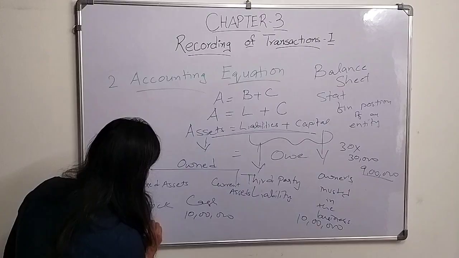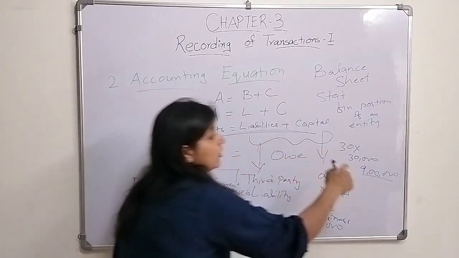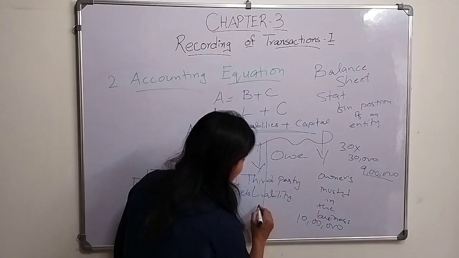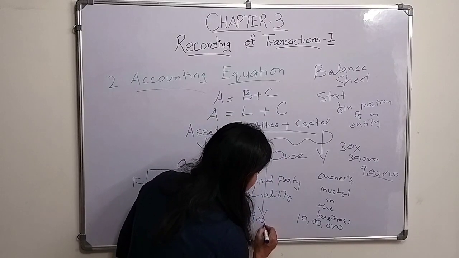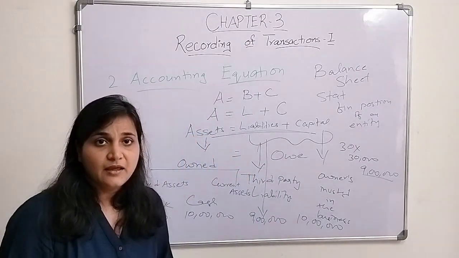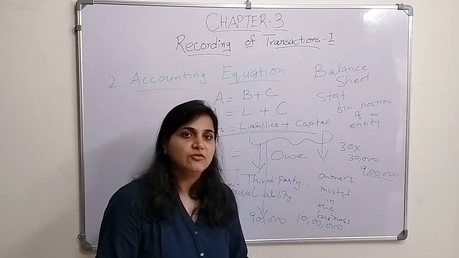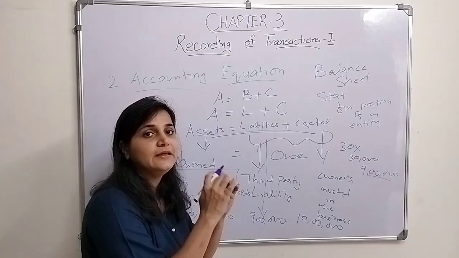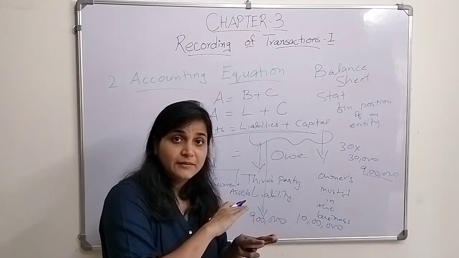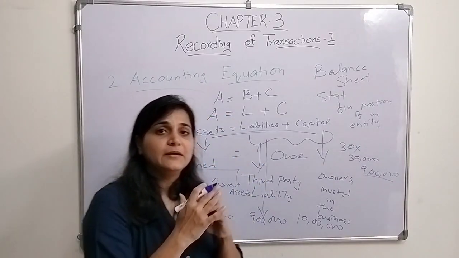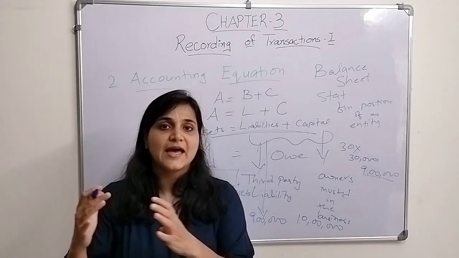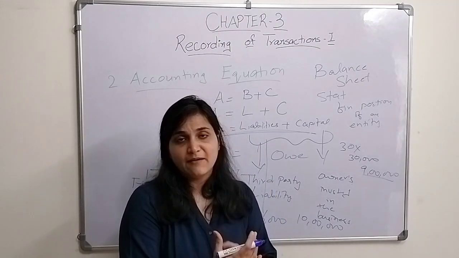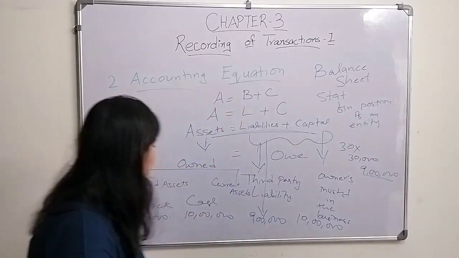So the stock comes into his business. He got it on credit from somebody. So what happened? The liability increases by the same amount, 9 lakh. And that is what the accounting equation says, that the balance sheet is always going to be balanced. The assets are going to be equal to liabilities and capital. I am going to give you a detailed example of this. Okay.